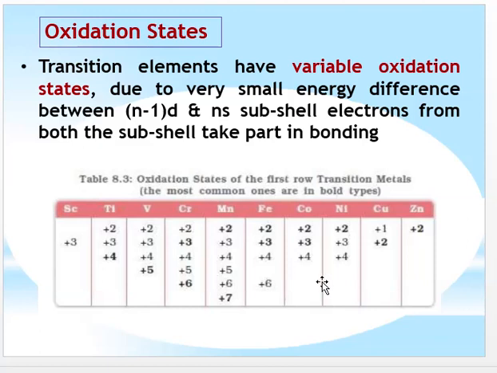The most common ones are in bold type. For example, for scandium +3, for zinc +2. For chromium we have +2, +3, +4, +5 and +6, and you can see the others.